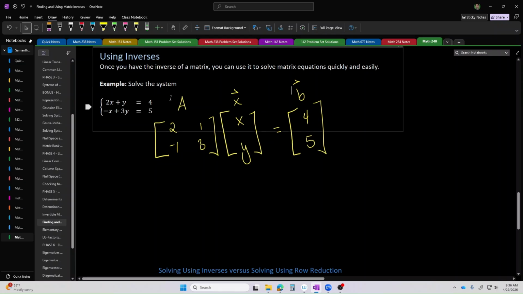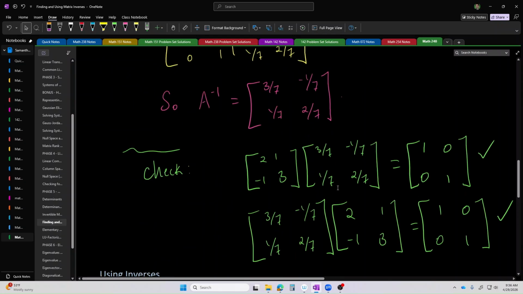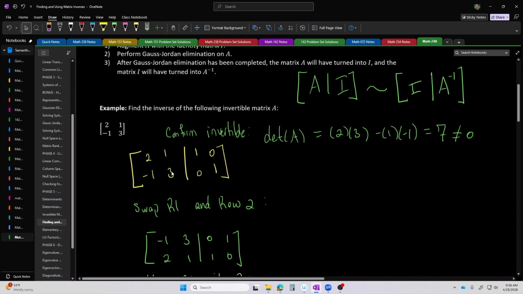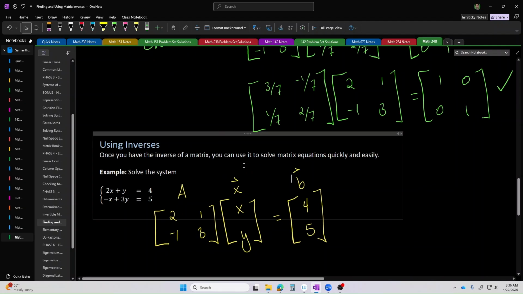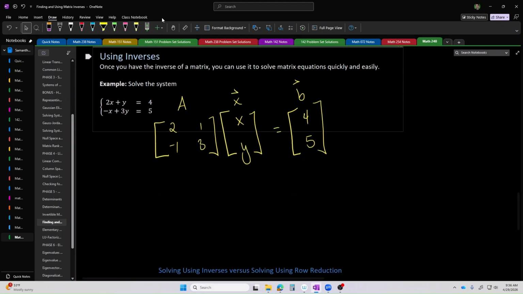Now this coefficient matrix A on the left-hand side is exactly the same as the matrix whose inverse we just calculated. So because we have the inverse of the matrix, it is now possible for us to solve this equation by just multiplying both sides of the equation by the inverse here.